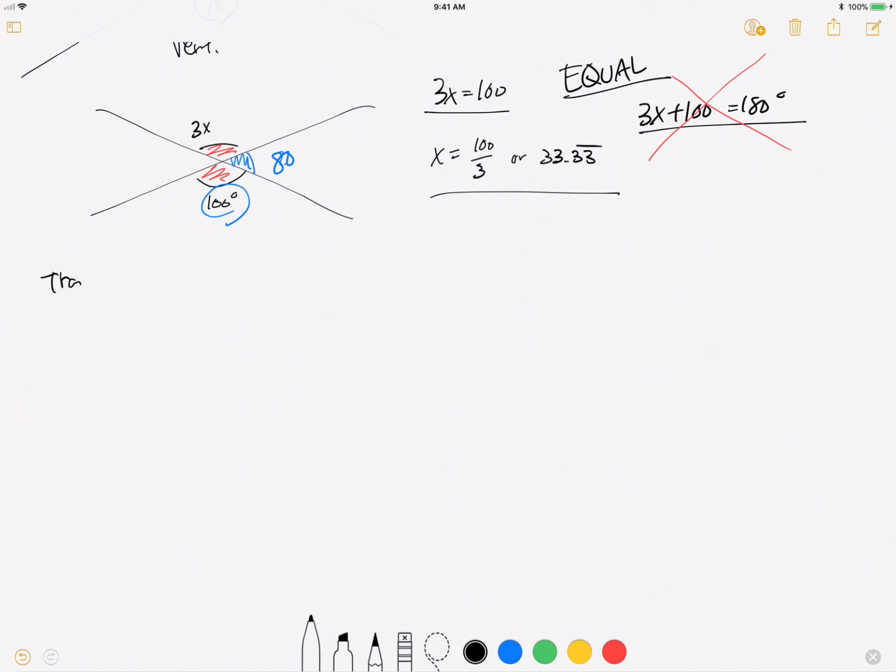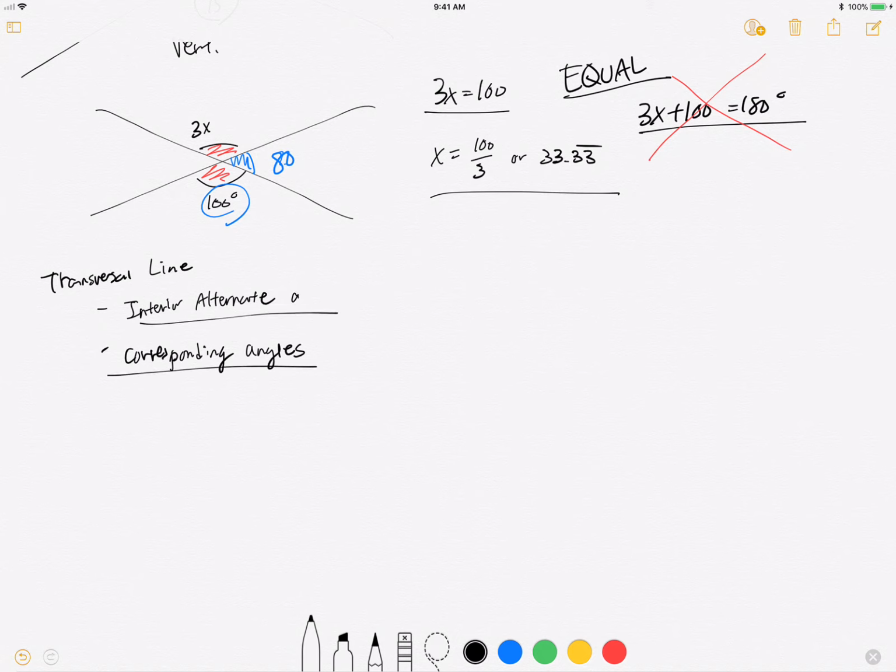I talked about the transversal line. In that transversal line, the angles that form would be alternate interior angles and what we call corresponding angles. We just recently learned this, I think it was today.